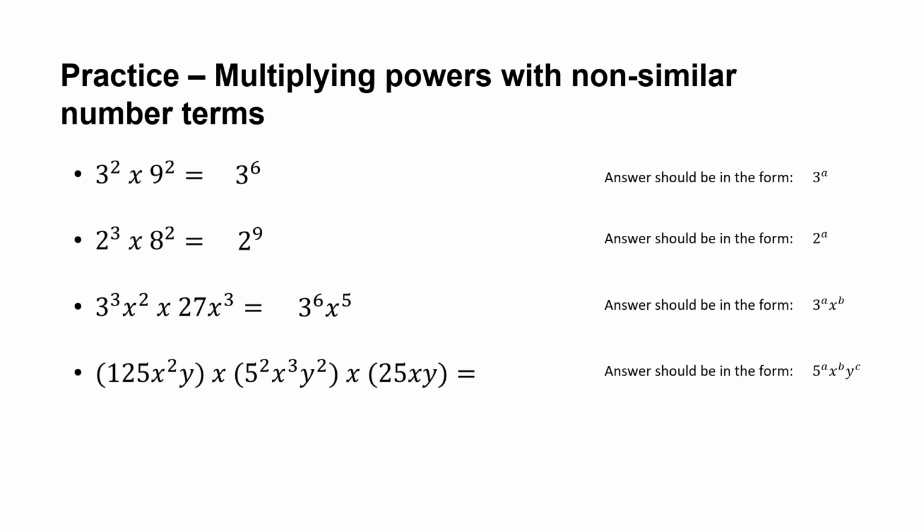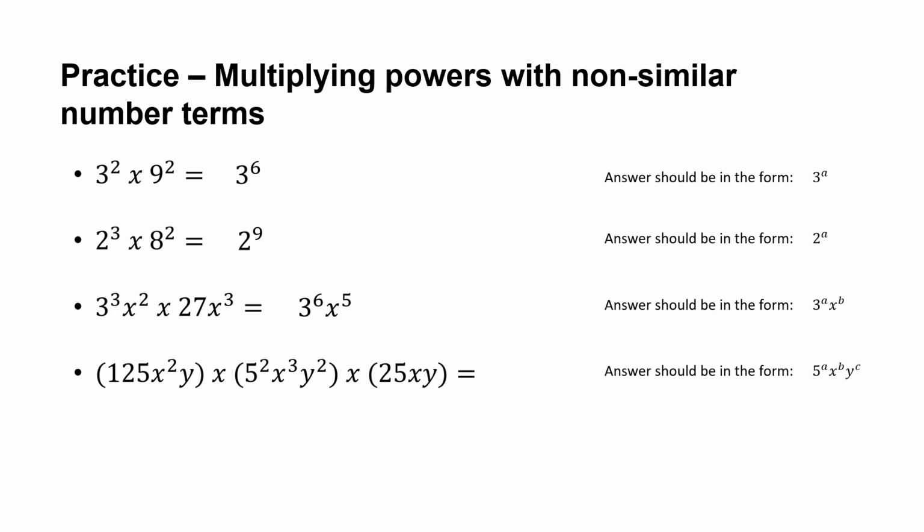Now hopefully what you should be able to see is that these are all powers of 5. So 125 is 5 cubed, 25 is 5 squared. So we can rewrite this as 5 cubed x squared y in that first bracket. Second bracket we can leave as is because it's already in terms of 5. And then the last bracket we can rewrite as 5 squared xy.